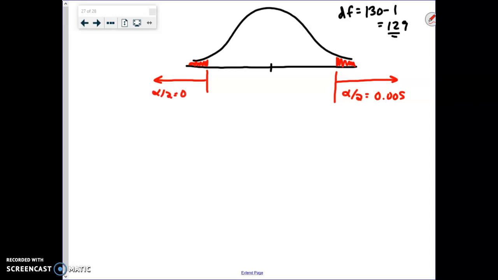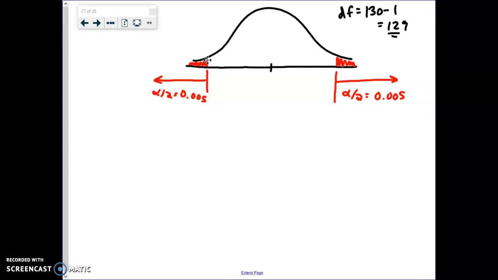You take alpha 0.01 divided by 2, you get 0.005. There you go. Now, again, is our data more extreme than either of those two tails?